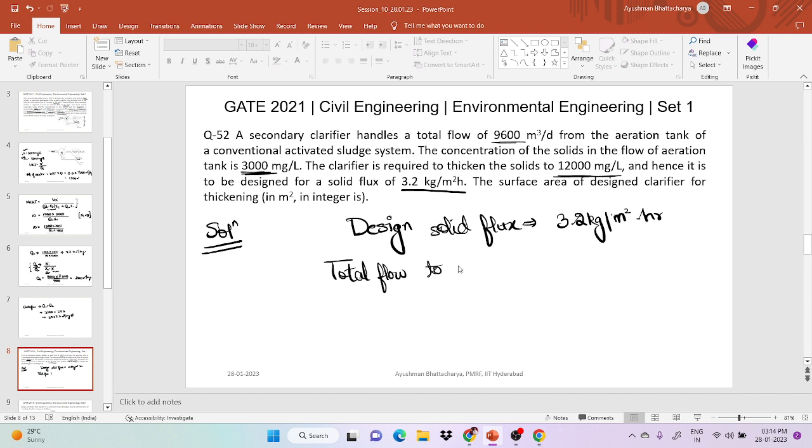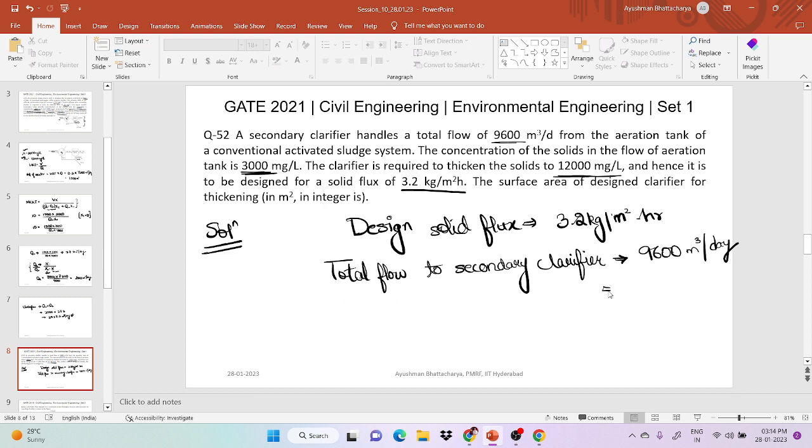Total flow to the secondary clarifier is 9600 meter cube per day.